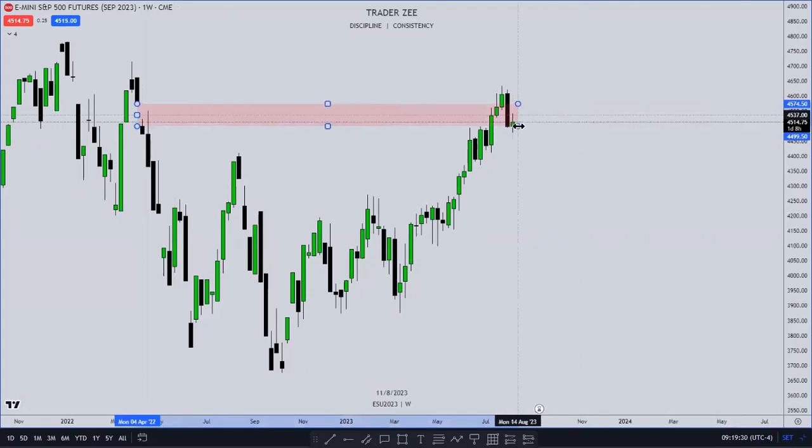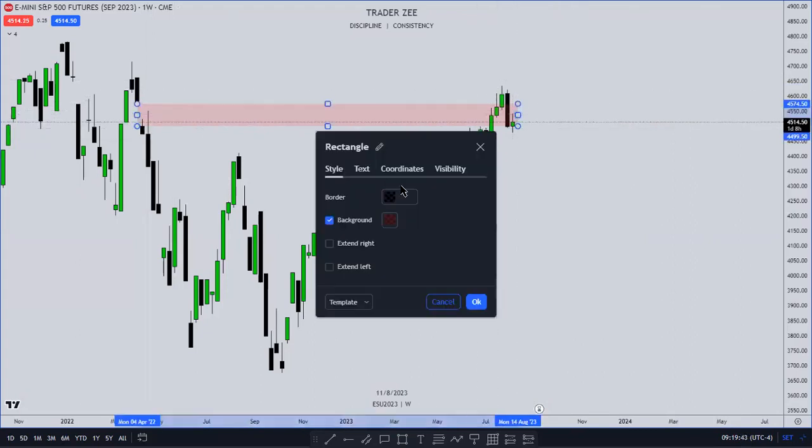This volume imbalance on the current futures contract, I'm not going to let it be visible on the lower time frames, because this is a weekly time frame. I only want this volume imbalance shaded on the chart on the weekly and maybe the daily, but not more than that. I don't want it on the 1 minute charts.